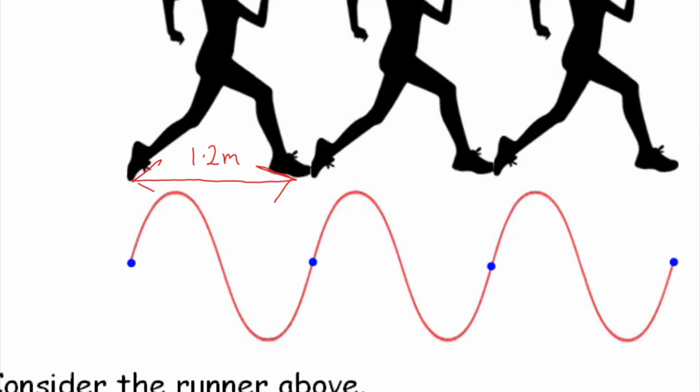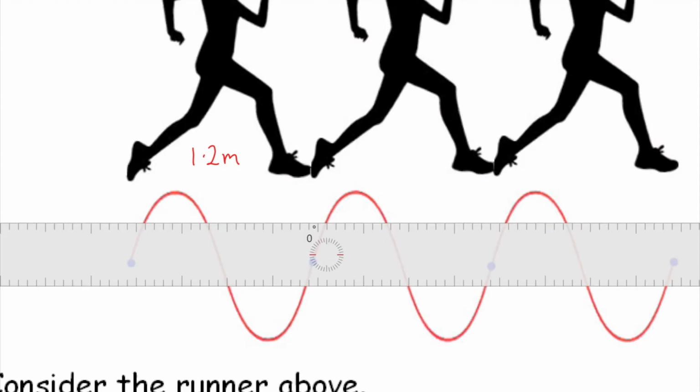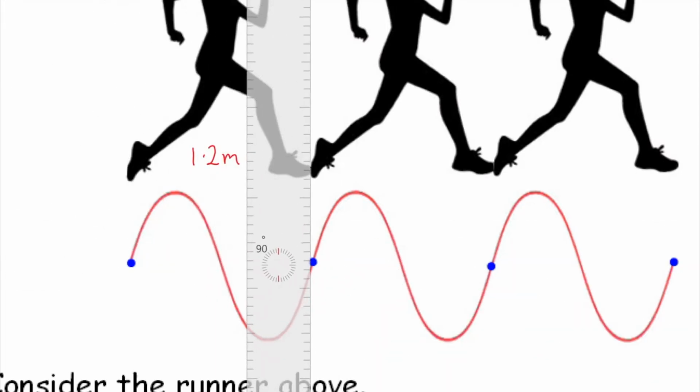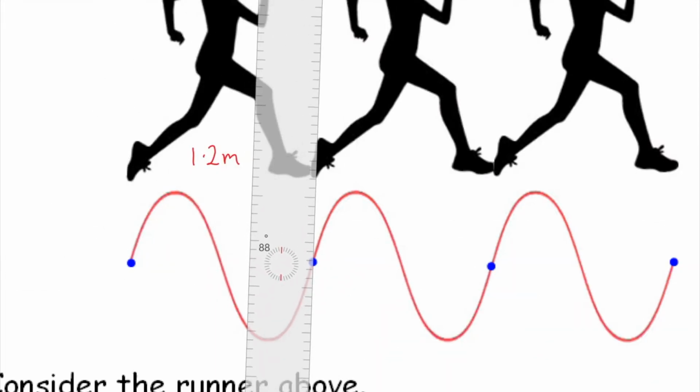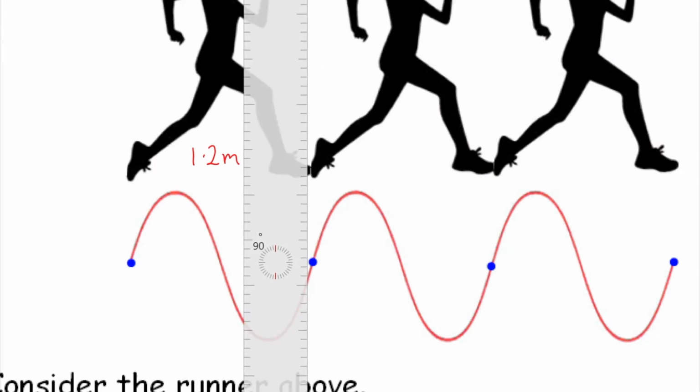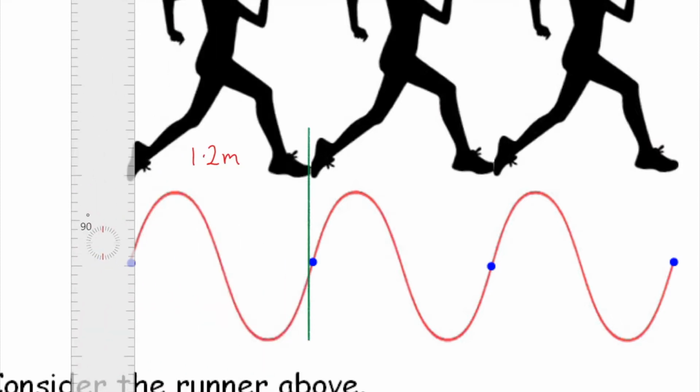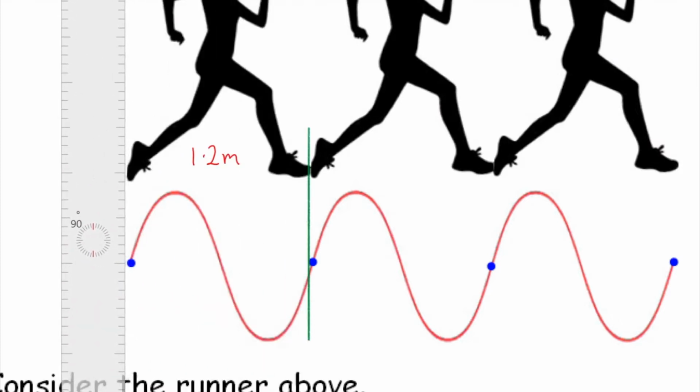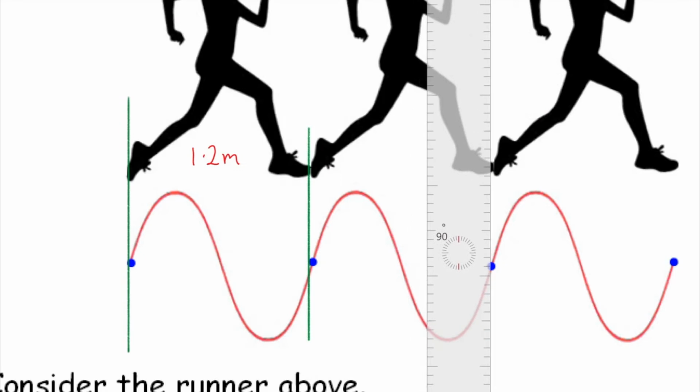And let's draw that more accurately, because importantly, the link we want you to make is this. If I draw directly up from each blue dot on the wave, we want you to think of every stride being the equivalent of a wavelength.